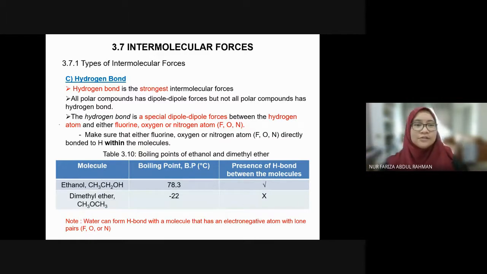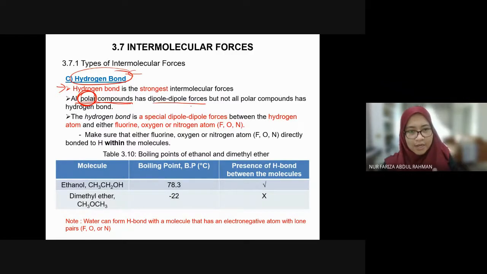Okay, alright. So the first point that we have here is it's the strongest compared to other intermolecular forces, compared to dipole. And then, again, this hydrogen bond can only be present in polar molecules. But please take note that all polar compounds have dipole forces. Itu kita tahu.